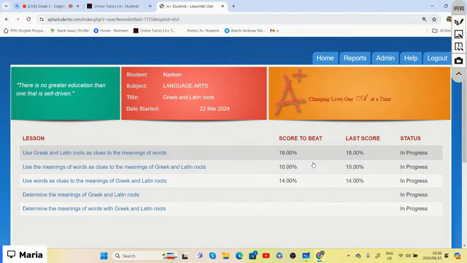This is a continuation of our previous lesson on Greek and Latin roots. We did the first two lessons, and now we're going to do two more. The last one we will do next time.